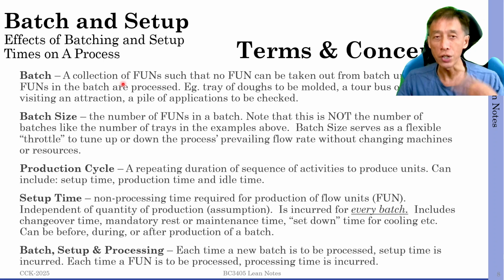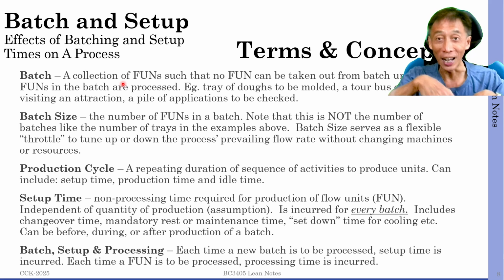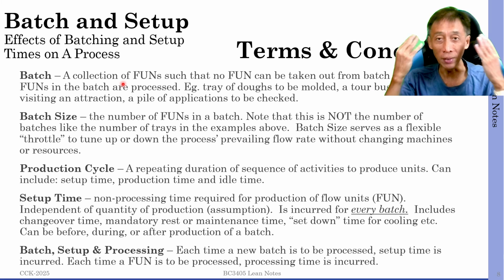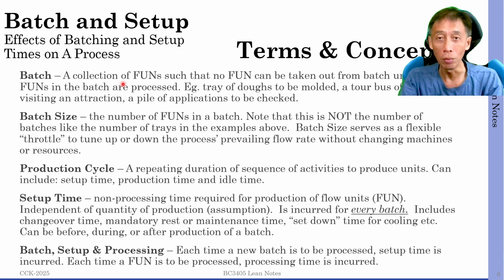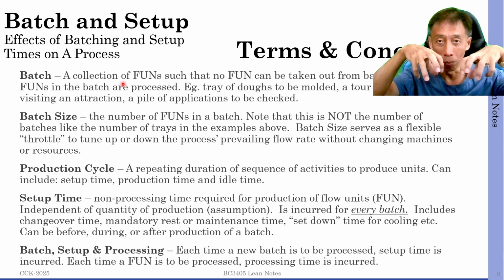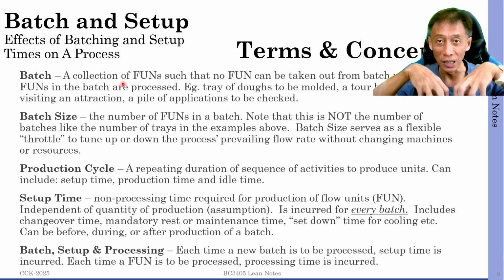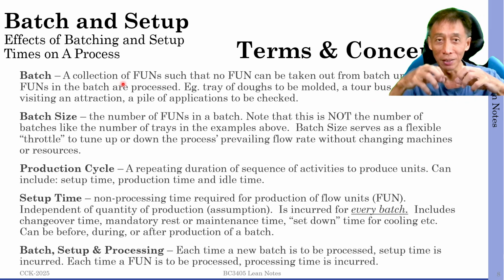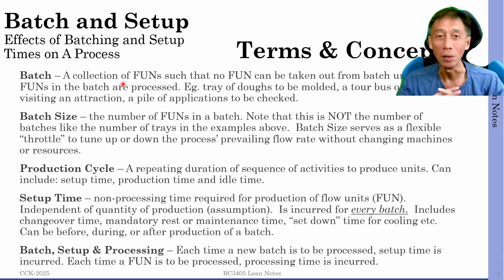So the molding machine will mold all 4, one at a time, at least in terms of calculation. You might be thinking, then that means one whole tray of 4 doughs, the machine will take the same time as if it is molding one dough, right? No. So 4 times as long, 4 times as long.